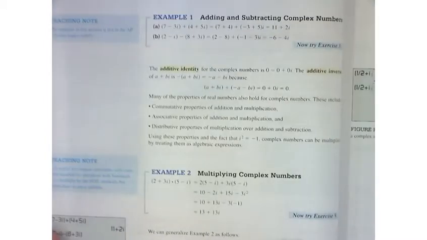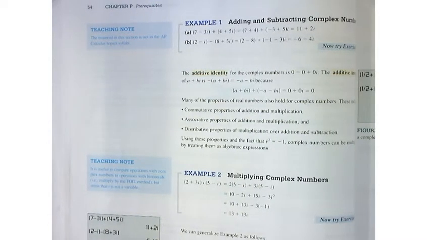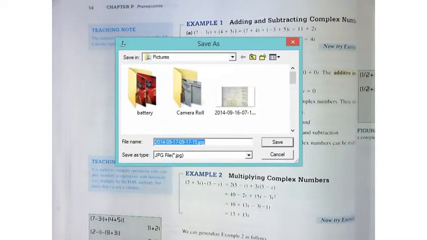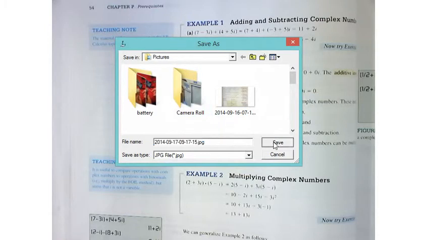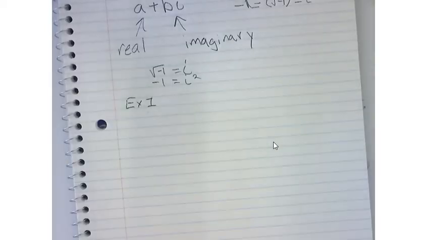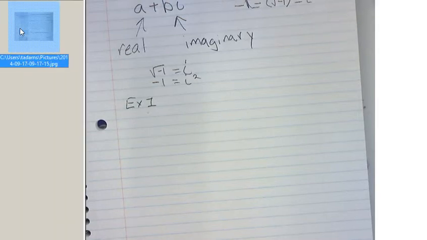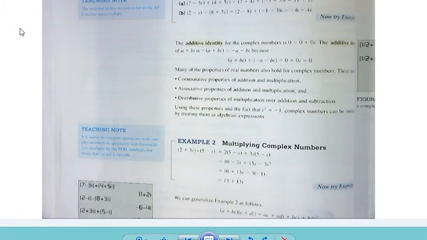Example number 1 gives us this big, long, crazy problem, and I'm just going to snap a picture of that. Okay, and now I'm going to write that down. So let's put that on the screen so we could see it.